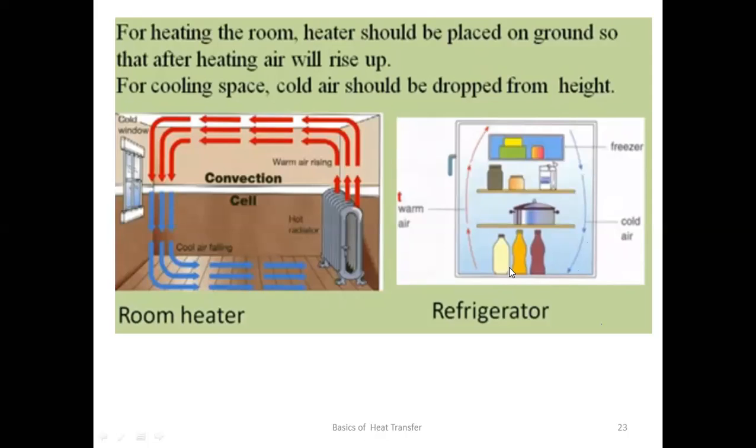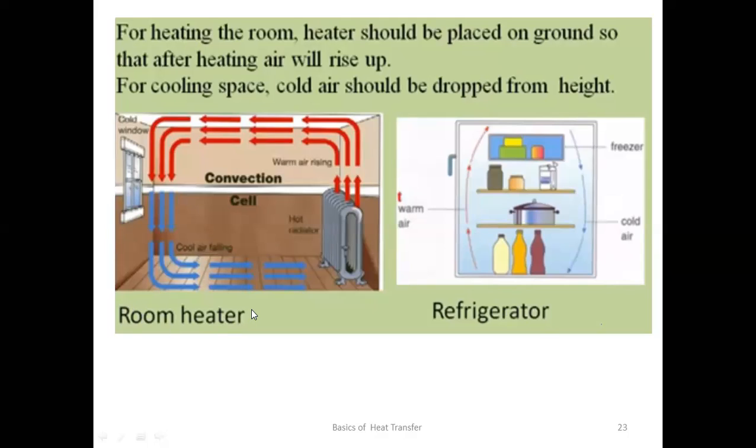The low density warm air, after absorbing heat from the objects that are kept there, is lifted again toward the freezer. Again the freezer takes the heat from it, its density increases, and again it goes to the bottom side. In this way the circulation continues in the refrigerator.